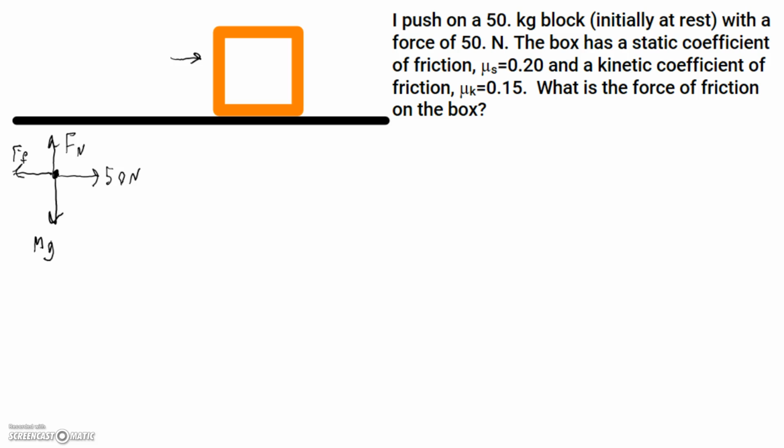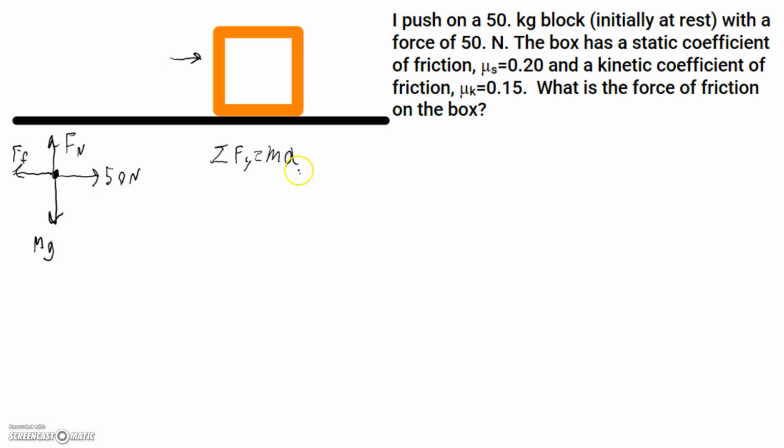Now we know for a fact that this box is not moving up or down out of the plane of the table. It has to be moving along the plane of the table. And so if we write the sum of the forces in the y direction, this is Newton's second law, equal to mass times acceleration.